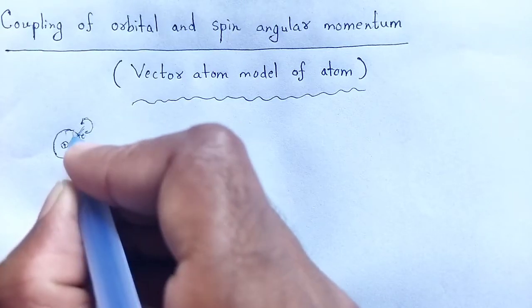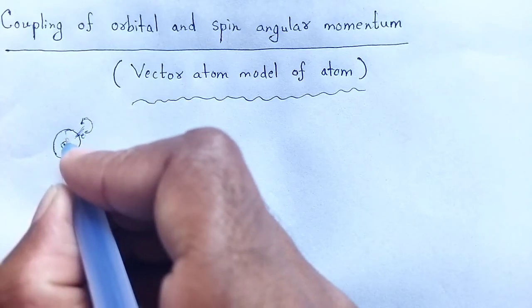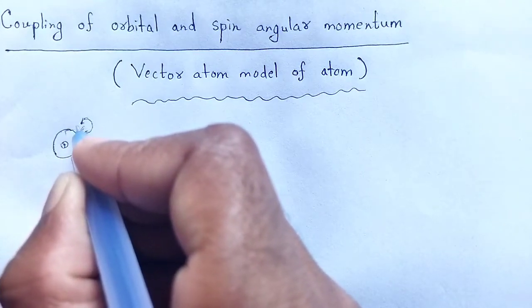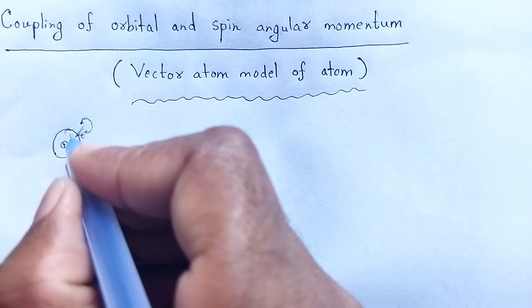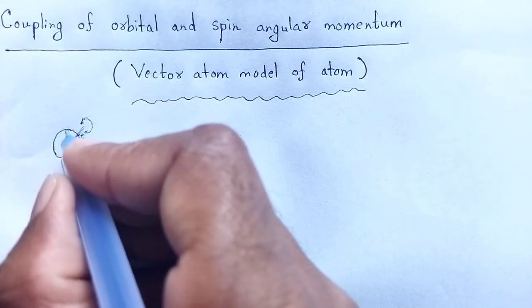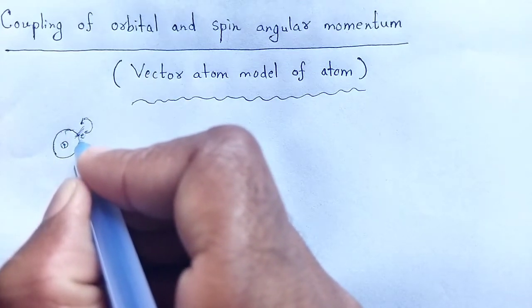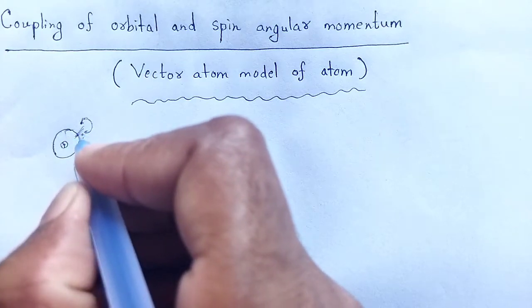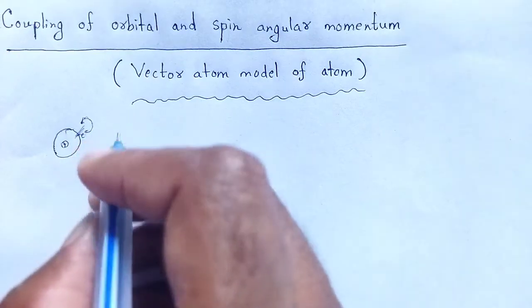So one is orbital angular momentum and another one is spin angular momentum. These two are vector quantities. So the resultant of these two creates a new momentum that is known as total angular momentum.